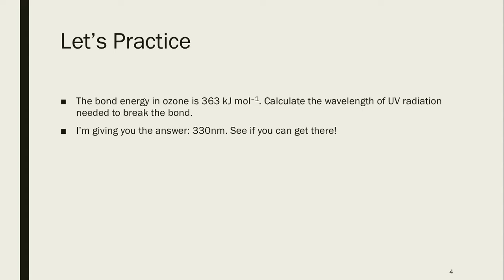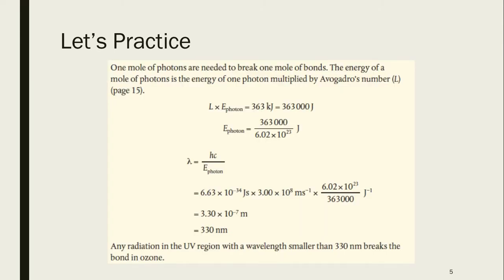Okay, so if you want to pause the video, practice, see if you can figure this out, and I am going to show you kind of the steps to get there. I'm actually going to show you two different ways to get to the answer. So we know we need 1 mole of photons to break 1 mole of bonds. Now the energy of a mole of photons is the energy of one photon multiplied by Avogadro's number.